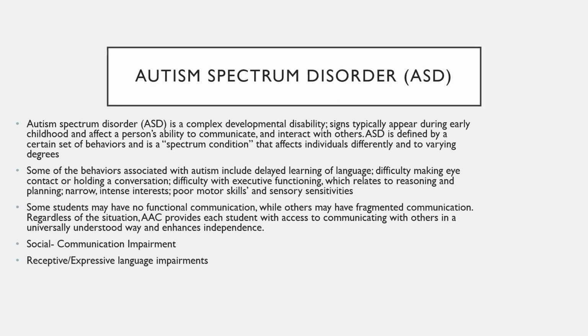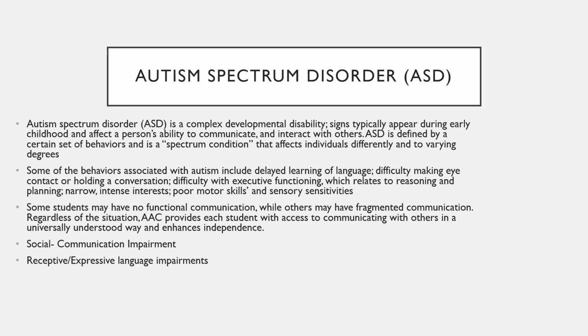Okay, so autism spectrum disorder is a complex developmental disability. Signs typically appear during early childhood, and it affects a person's ability to communicate and interact with others. So ASD is defined by a certain set of behaviors and is a spectrum condition which affects individuals differently and to varying degrees.